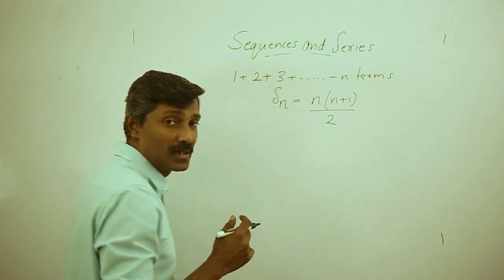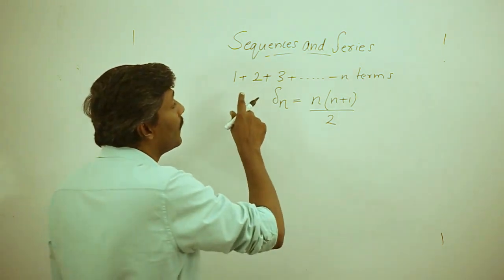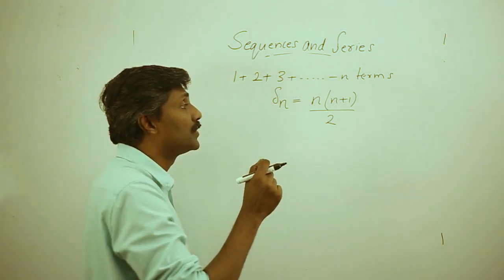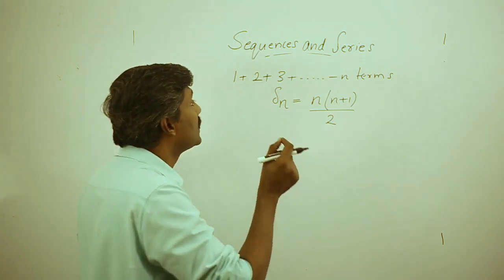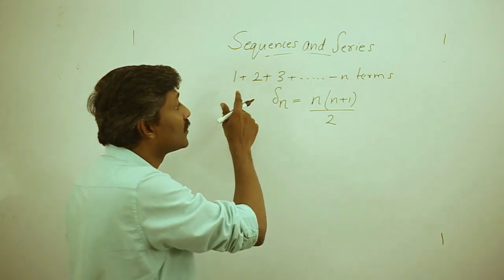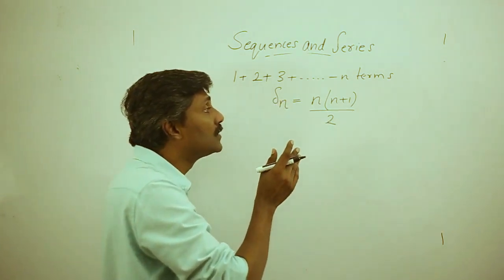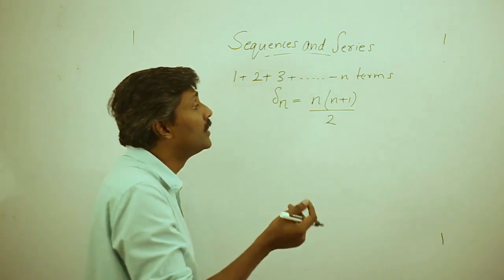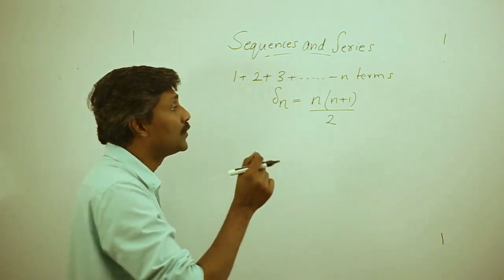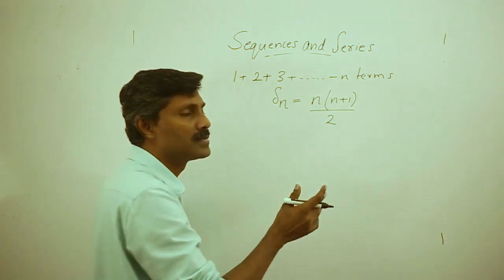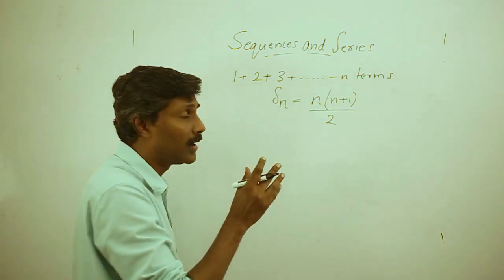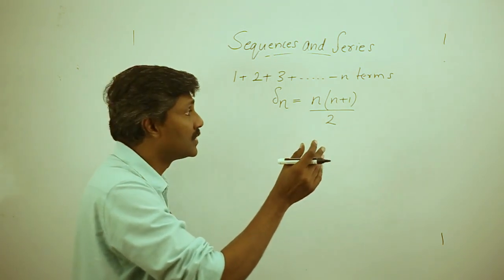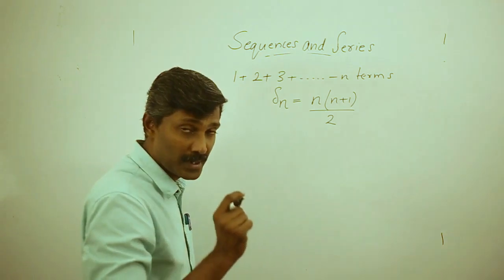Okay, you can definitely find this using the formula, the sum of n terms, which is n by 2 into first term plus last term, or n by 2 into 2a plus n minus 1 into d. Here a is 1, the first term is 1, and the common difference is 1. So applying that value of a equal to 1 and common difference d is equal to 1, in the formula sum of n terms, definitely you can arrive at this equation. But just memorize this by heart. The sum of n terms of first n natural numbers is n into n plus 1 by 2.